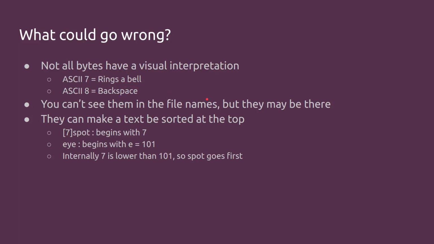For example, you can have the file name spot, but because of an error, you can have the ASCII byte 7 here. So instead of seeing the letter S, the computer will see the number 7. So in this case, the number 7 is lower than the number 101.